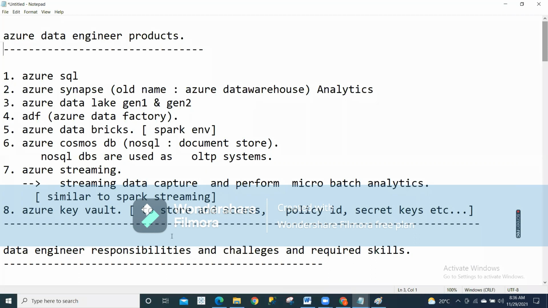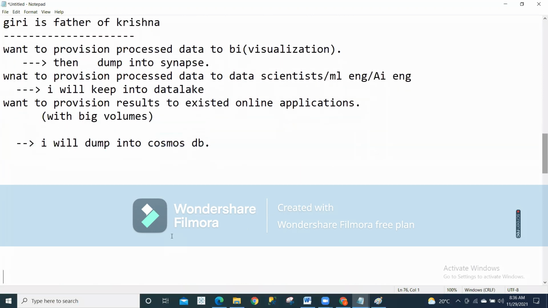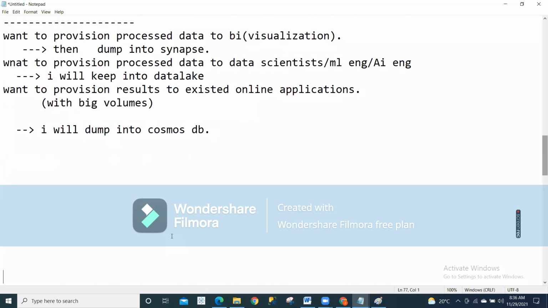So this is our Saturday session, and today's session is an extension of it. On Saturday, we discussed what the different products in Azure Data Engineer are and what each product is doing. Today, the data engineer responsibilities and the required skills. This is simply the full stack of a data engineer.